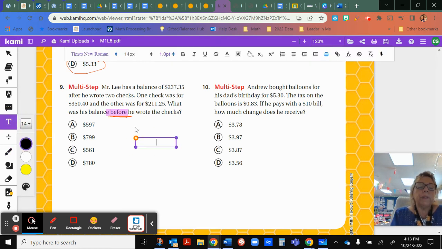So this is what I will need to do. His ending balance then is $237.35. One check was for $350.40. The other one was for $211.25. Yep, exactly right. I need to add these up.